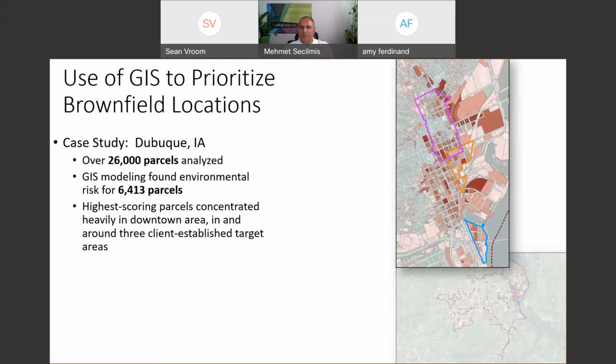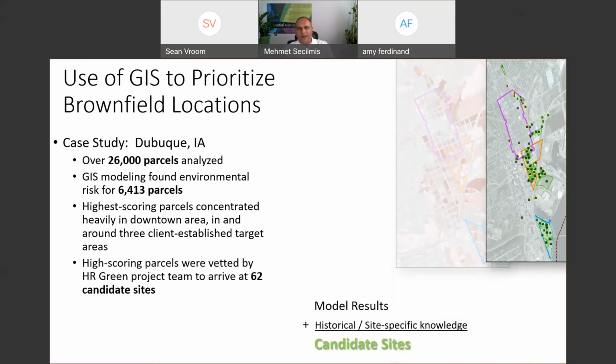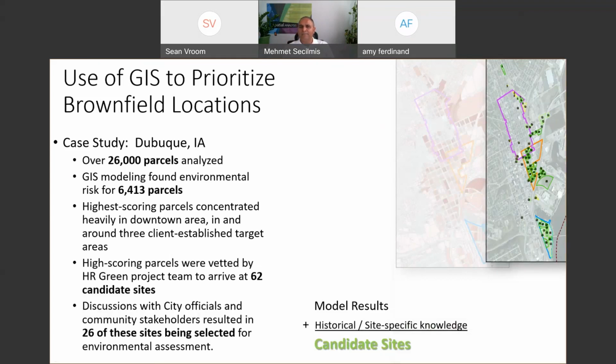And this was incorporated. Then high scoring parcels were selected, as you see on the map, colored red. And 62 candidate sites were selected with scoring. They discussed with the city, and 26 of those sites were selected for further environmental assessments.